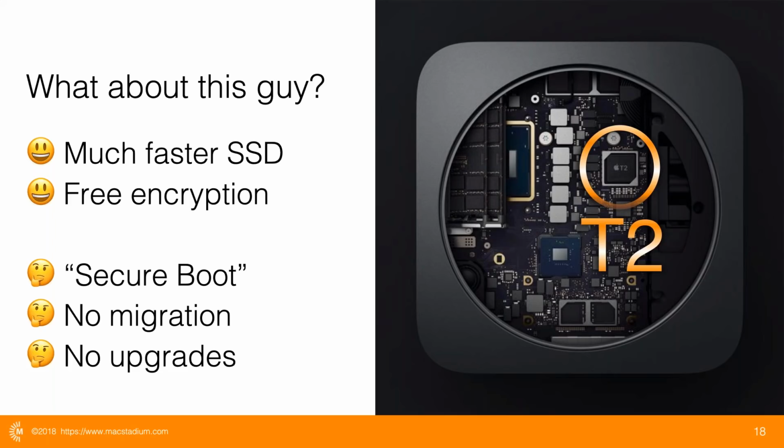The T2 chip also keeps an eye on all of the hardware in the machine and prevents you from doing upgrades. If the machine detects that an upgrade has been performed outside of an Apple store, basically an actual Apple facility, it can essentially brick the computer. I guess it's intended as a security feature, but it hampers some of the flexibility that customers have.